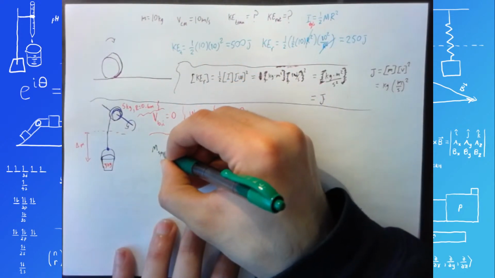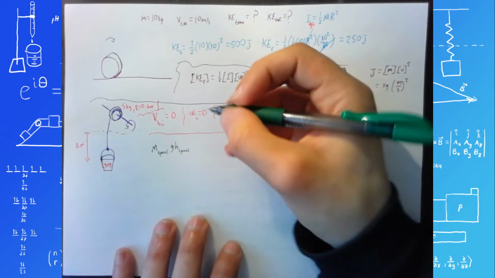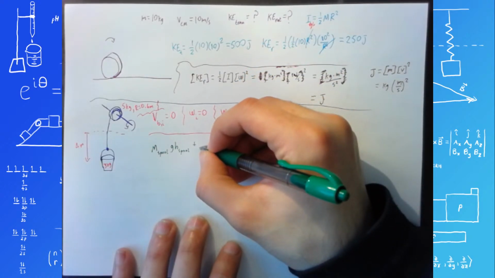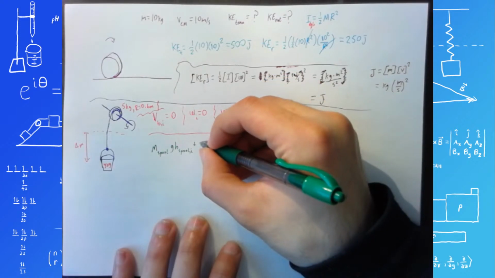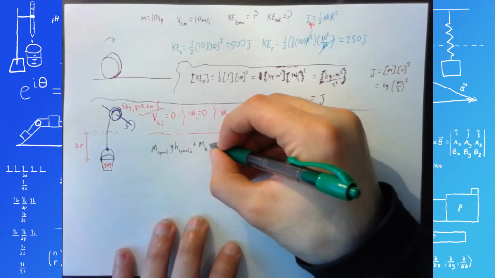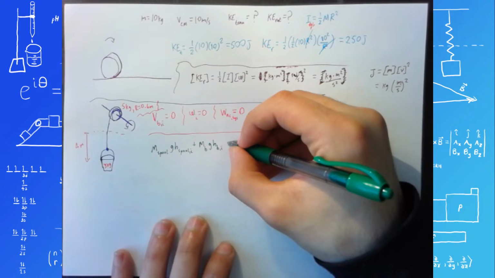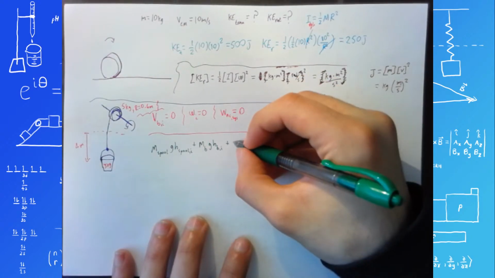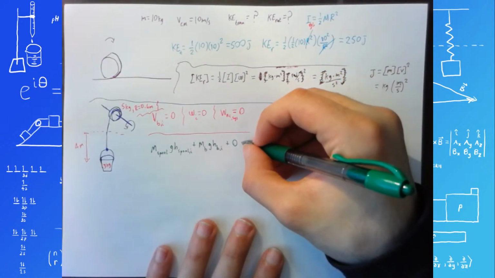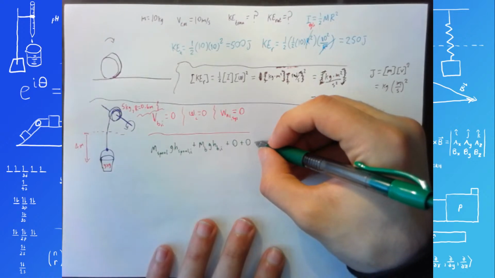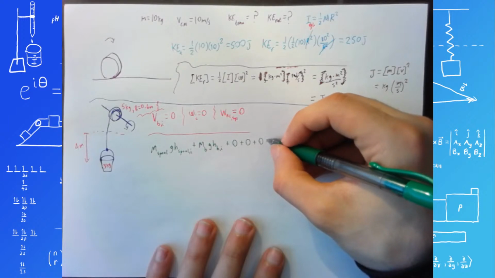So m spool g h spool, plus, I guess that would be h spool, let's say initial, plus m bucket times g times h bucket initial, plus 0 translational kinetic energy for the spool, 0 rotational kinetic energy initial for the spool, 0 translational for the bucket, and 0 rotational for the bucket.